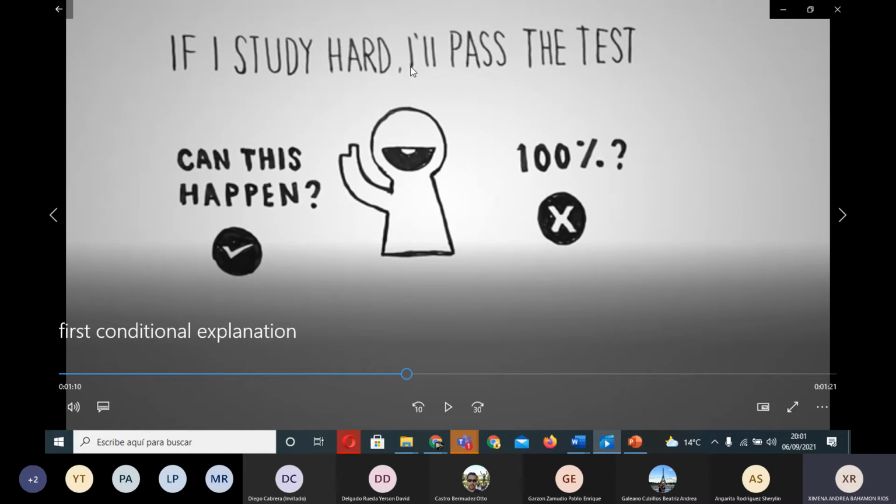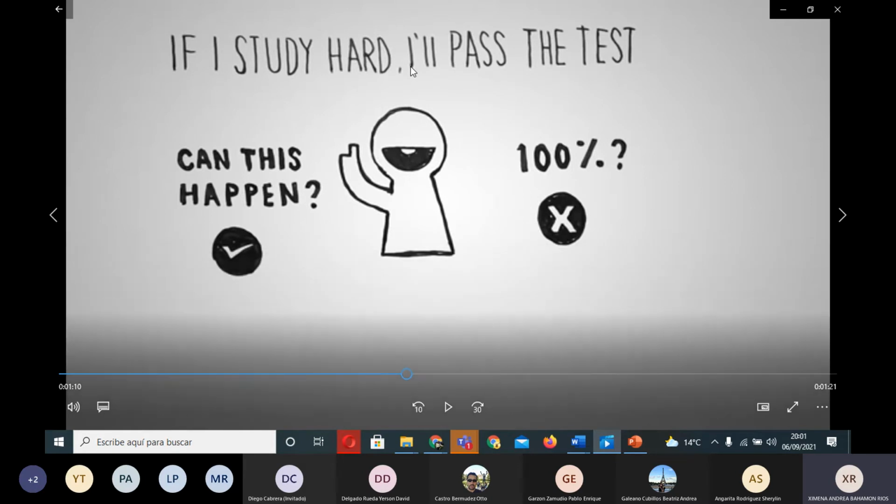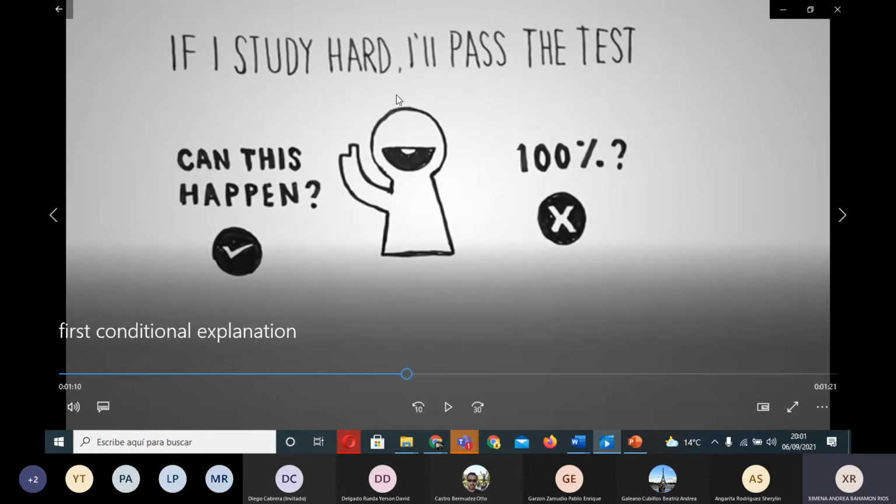And it sounds too. When you talk and when you write, you have to pronounce the contraction when speaking. So you say, "If I study hard, I'll pass the test." I'll pass the test. So you are emphasizing also on the contraction here. Remember that you can also write this sentence in the other order.